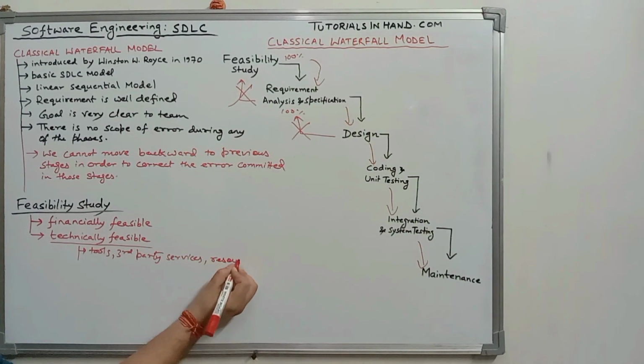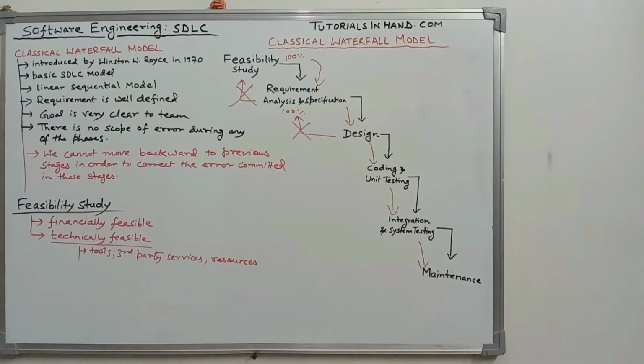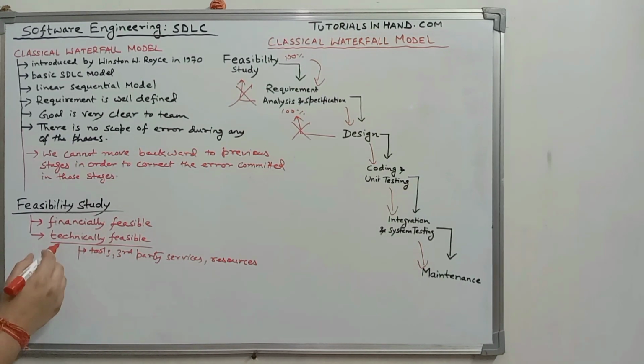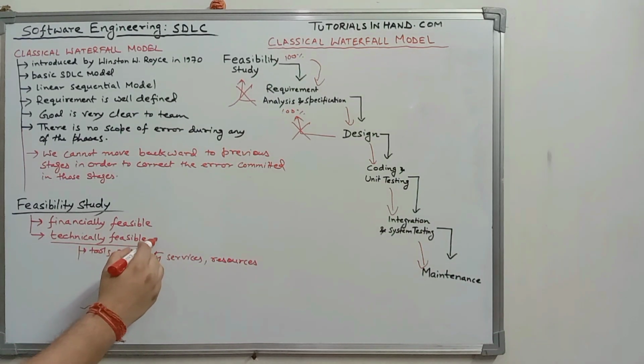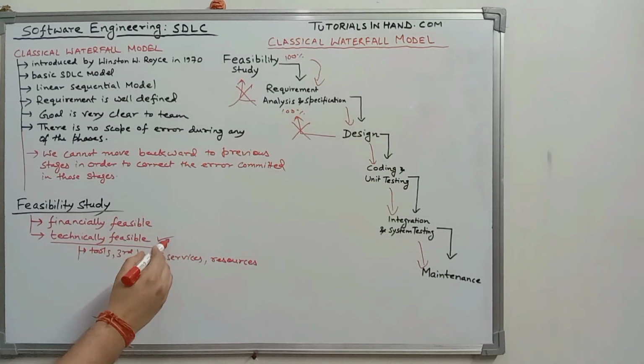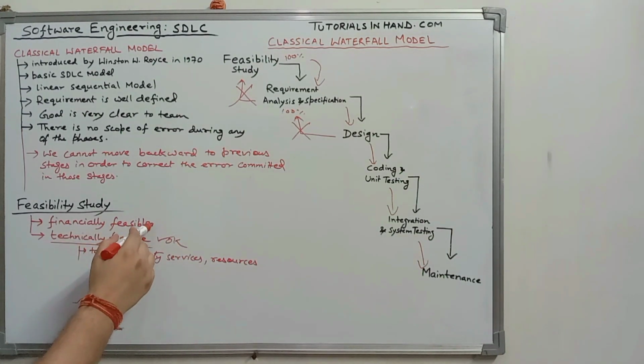Resources in terms of manpower and other technical resources, whether those are available in the market or not. So various aspects related to technical feasibility are checked, and if it is found to be okay, then we also try to find out whether it is financially feasible or not.